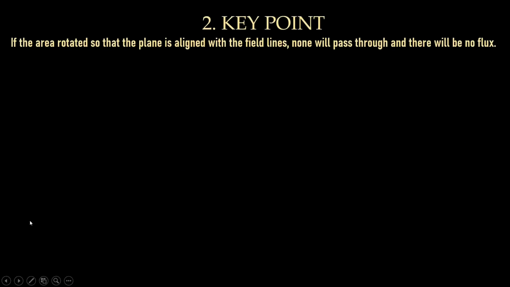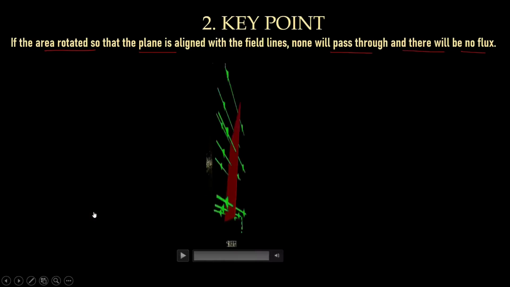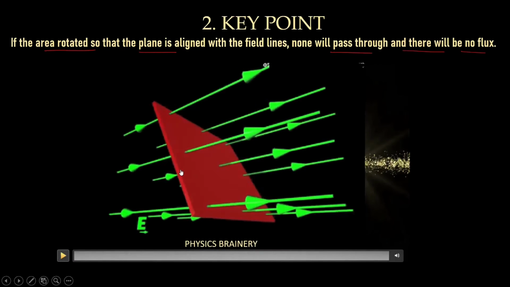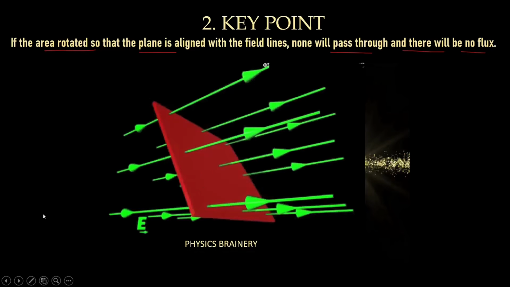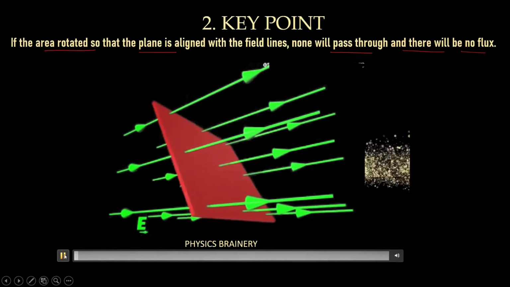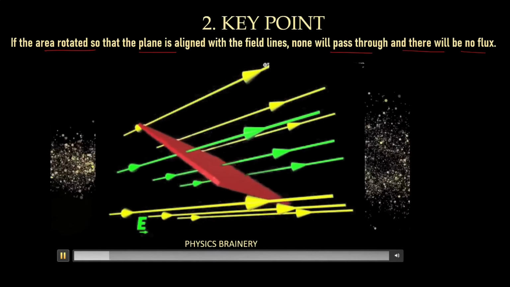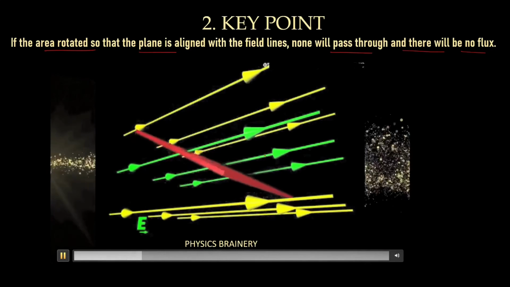Now next is the second key point. What is the second key point? It is that the plane is rotated at a certain angle. At one particular angle, no line will pass through it and there will be no flux. Let us analyze this situation. Here we are noticing that this time we will not change the area of the figure. Instead we will rotate it, that is the planar rotation, how it is rotated in space. Let us observe this. If it is at this particular stage, no field line will be crossing.